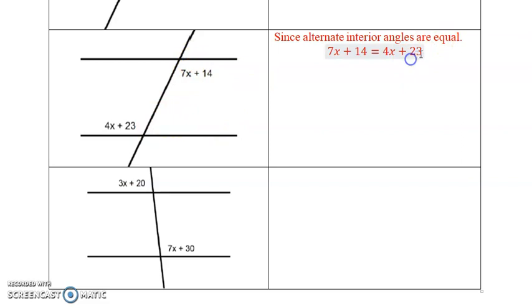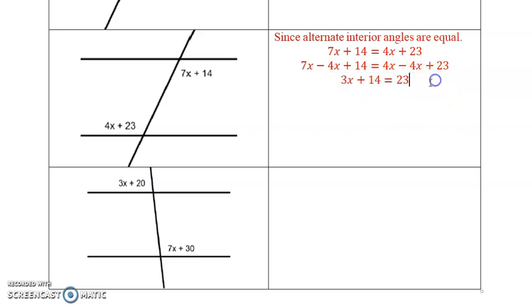So we set the two angles equal to one another. Then we solve. I'll take the 4x to both sides, so I subtract 4x from both sides. Clean it up. 4x subtract 4x is gone, leaves you with 23. 7x subtract 4x is 3x.